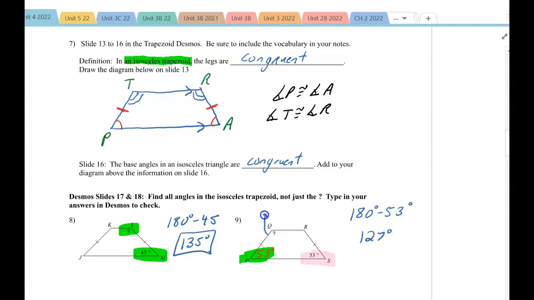So angle Q is 127 degrees, and in fact, angle R is 127 degrees. If we go back to problem number 8, just for clarity, angle J is also 45 degrees, and angle K is also 135 degrees because it is isosceles.